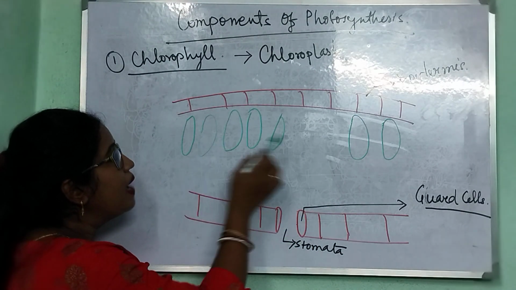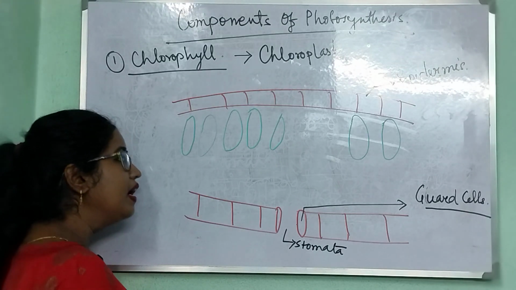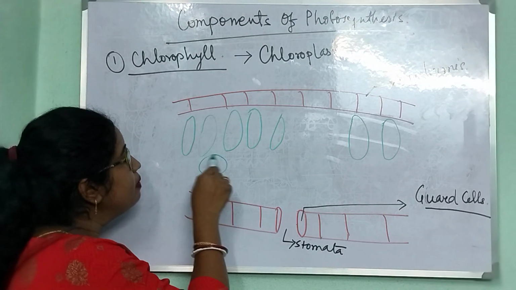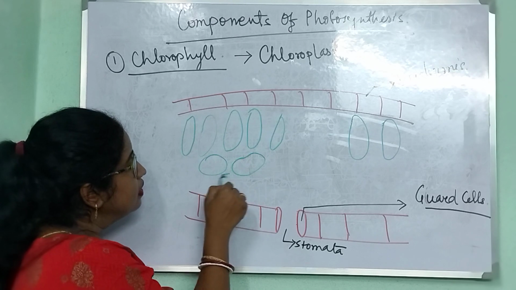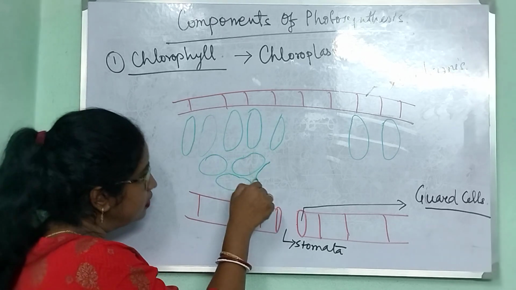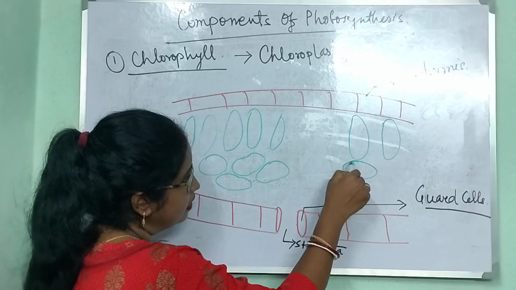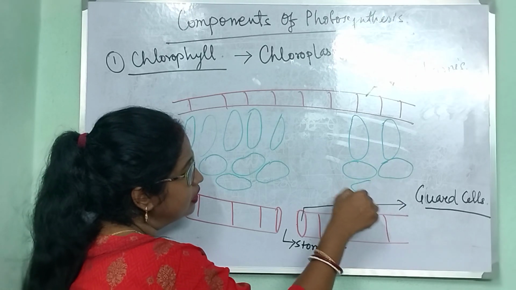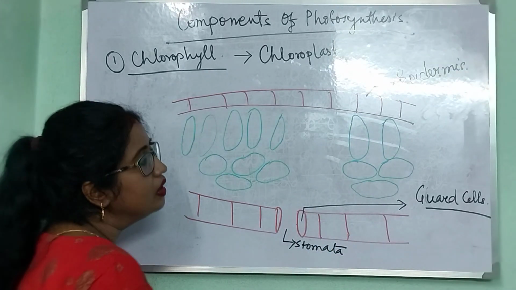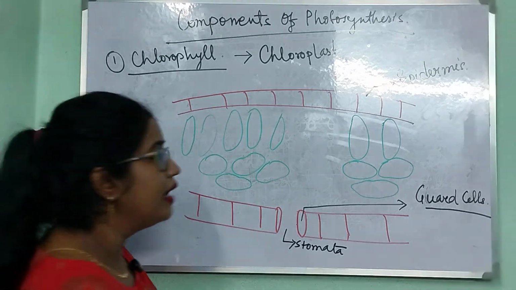Some of the parenchymal cells are of a rounded shape. These are known as spongy parenchyma.